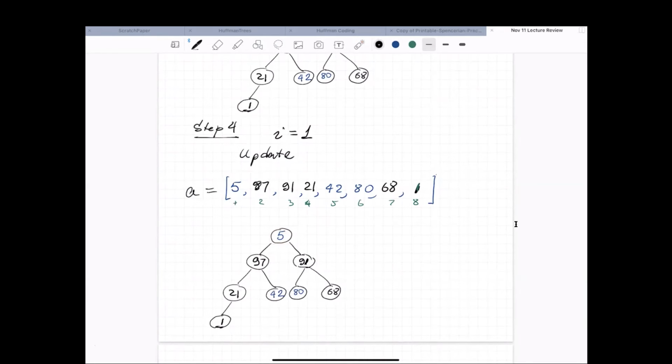So that's my first exchange. 5 goes here, 97 goes here. Okay, so let me update it here. 97, then 5 goes here, right? Then I compare 5 to what? So 97 is going to go here, and 5 goes here.